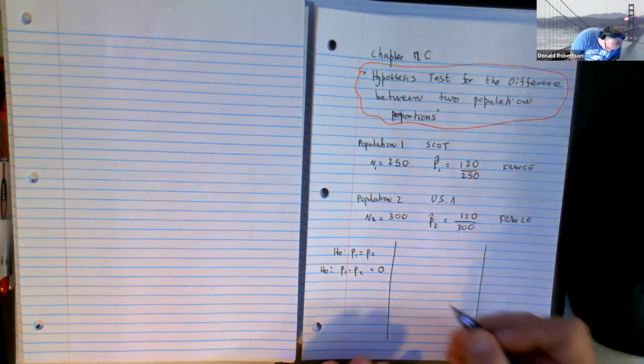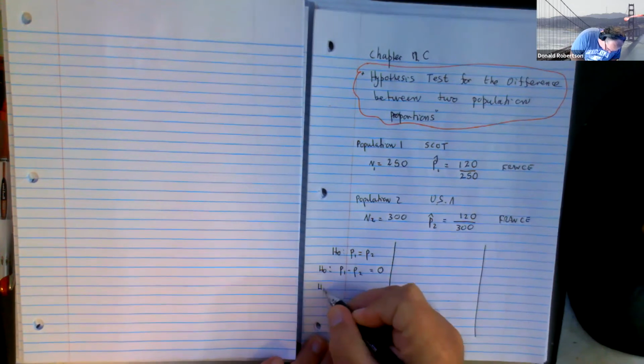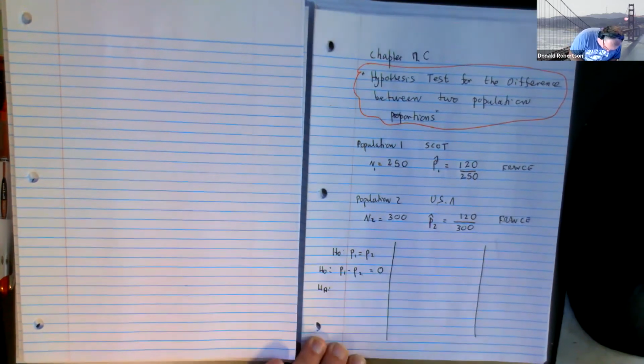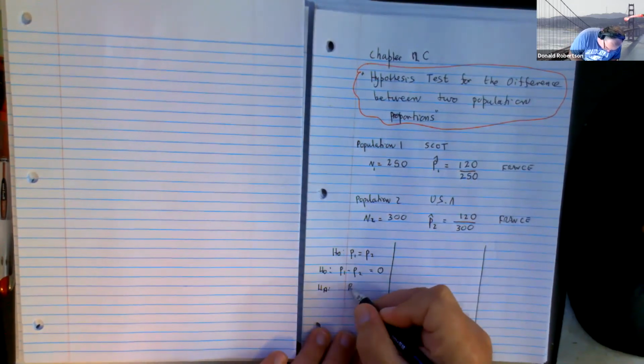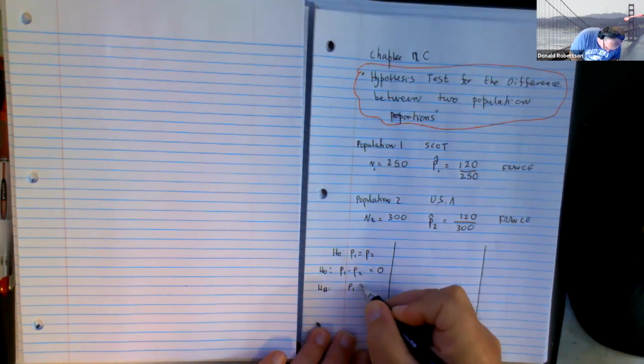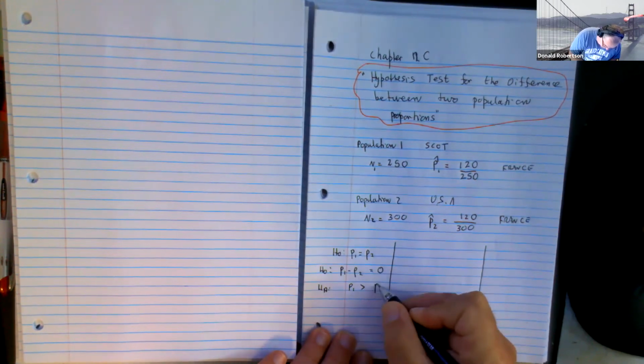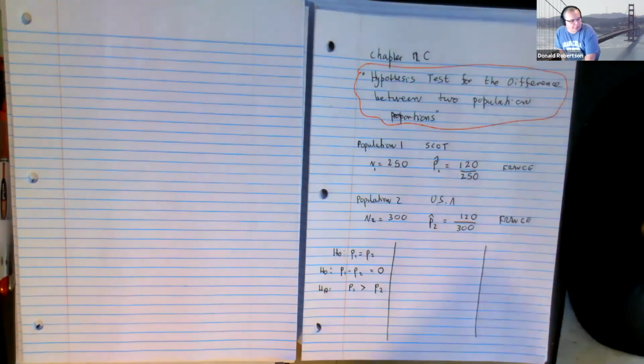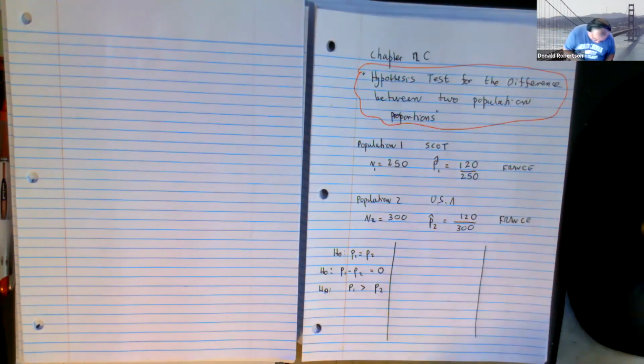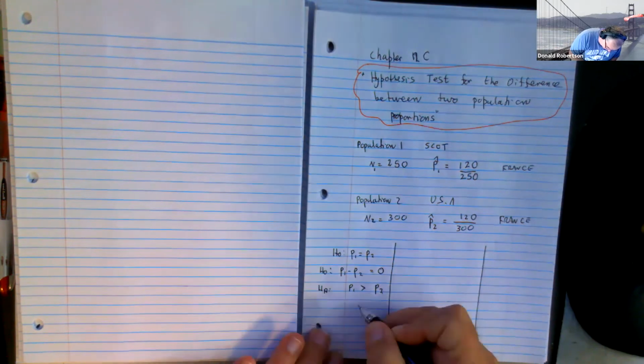Now, what is the alternate? Well, couldn't P1 be bigger than P2? Isn't that one of the possible things? Couldn't the first population have a bigger answer than the second? We don't write it that way.